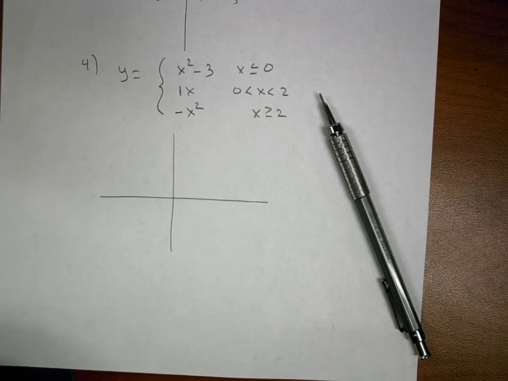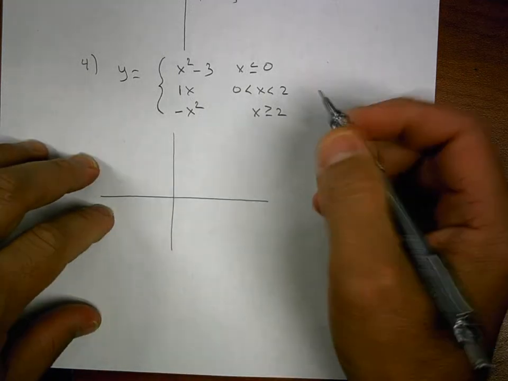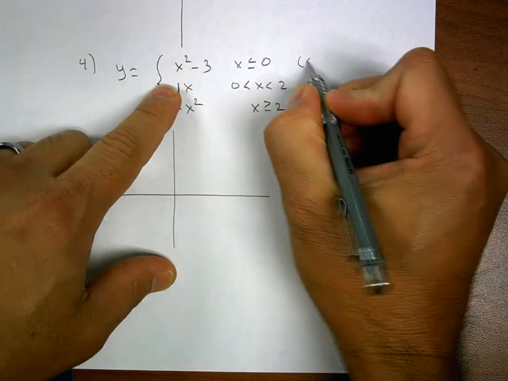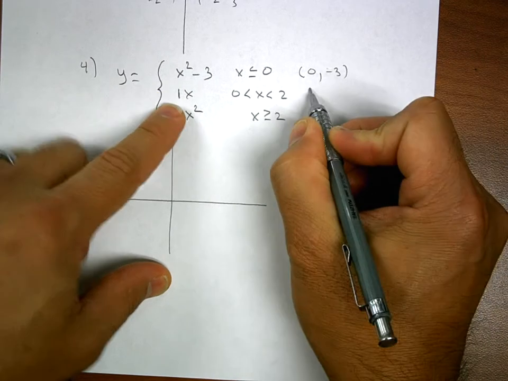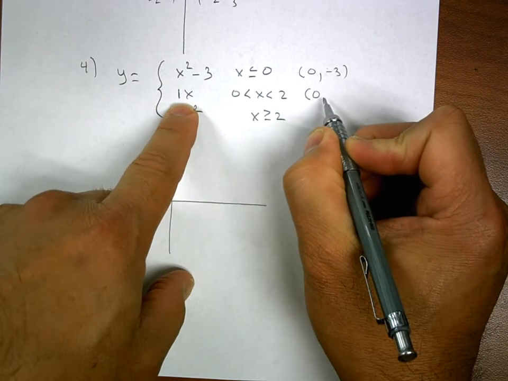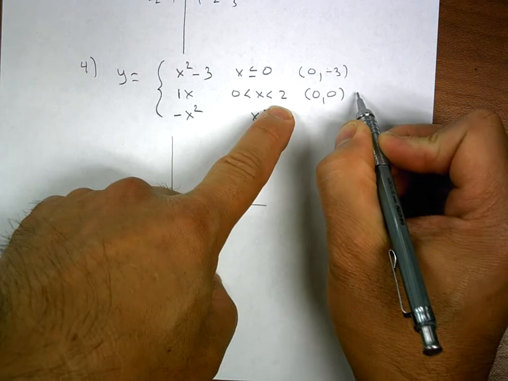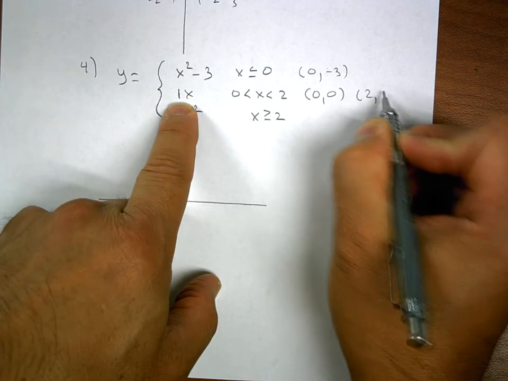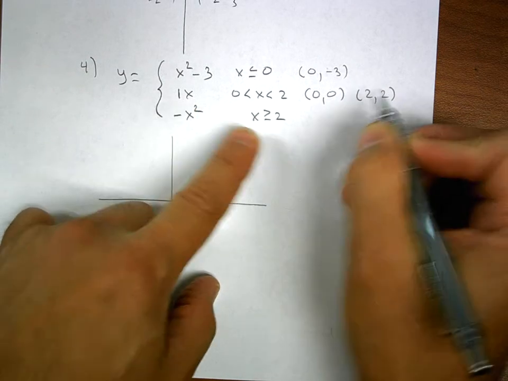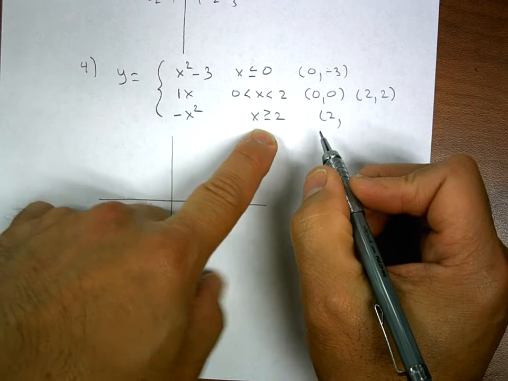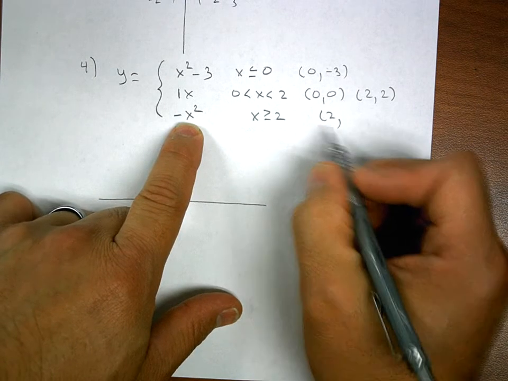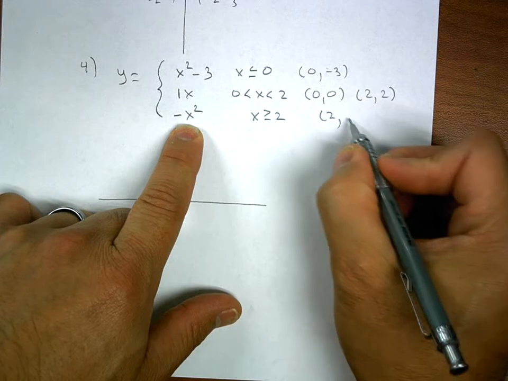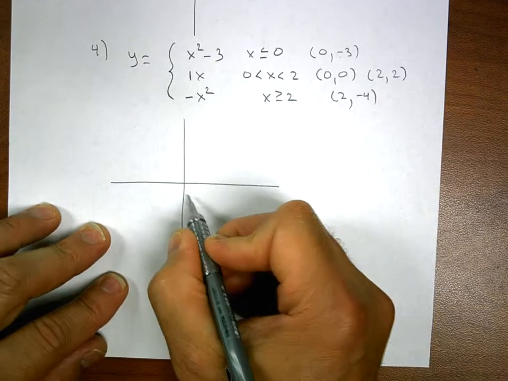So for sake of time here, let's get our points. 0, comma what? -3. This one's 0, comma 0. And then plug in 2, and for x, 2, comma 2. And plug in 2 here. Let's make sure we get this right. If we plug in 2, we get what? -4. 2 squared is 4, then times -1, so -4. So we plot 0, 1, 2, 3.